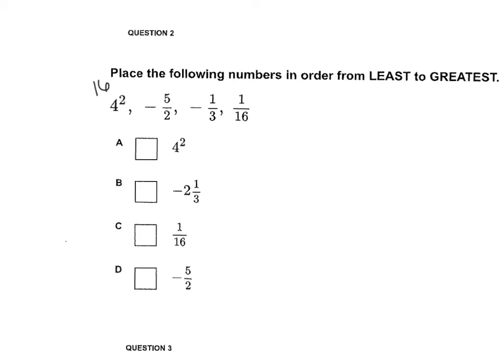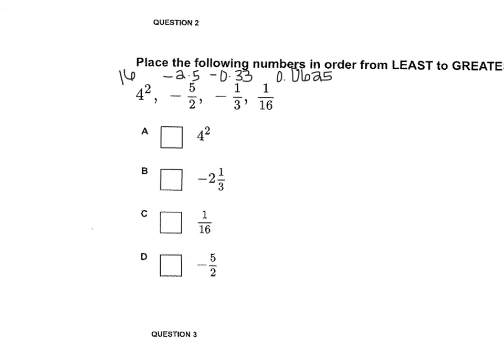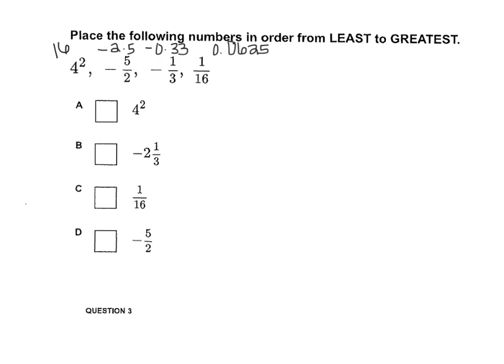And then negative 5 divided by 2 is negative 2.5. Negative 1/3, 1 divided by 3, is negative 0.33, and then 1/16, 1 divided by 16, is 0.0625. Okay, so now I know which decimals go with which fractions, and I'm going to write them all in a line.